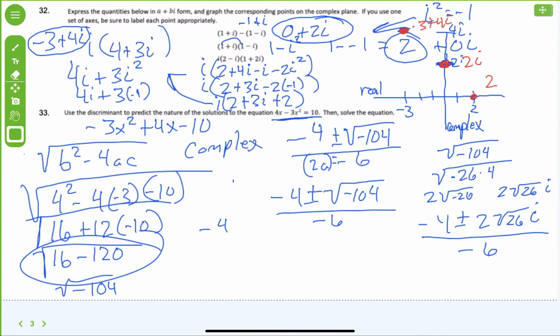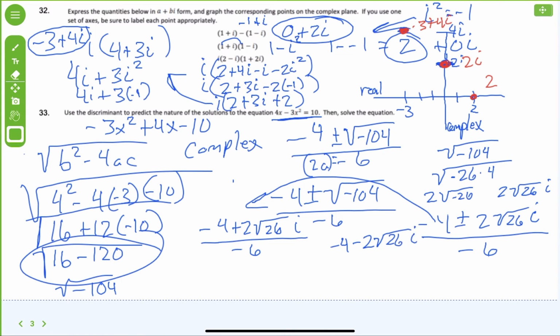Negative 4 plus 2 square roots of 26i over negative 6, and negative 4 minus 2 square roots of 26i over negative 6.